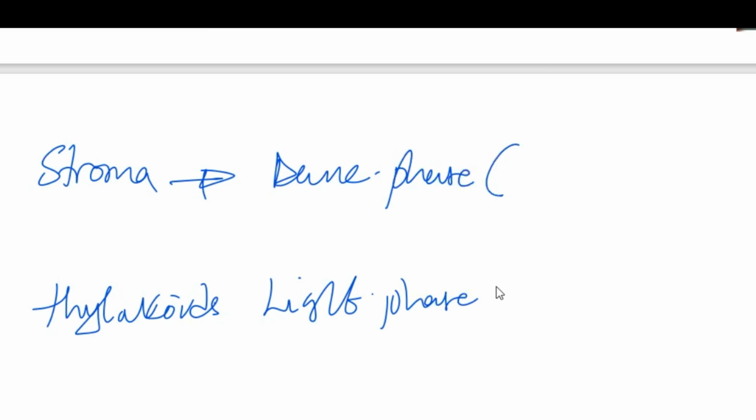Because the dark phase occurs in the dark, it does not require light, we can call it light independent phase. I'm not saying that, write it like this. And the light phase, because it requires light, we shall call it light dependent phase.